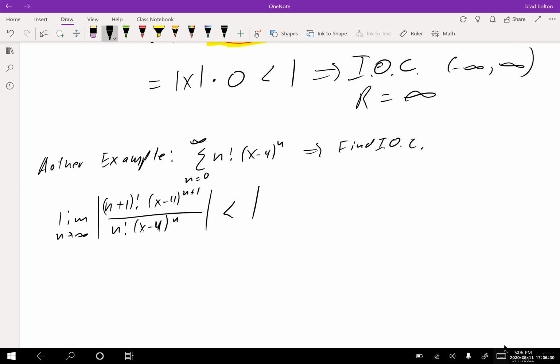But there's going to be some really nice cleanup in here, obviously. So you guys see this is going to cancel with this, and we'll be left with the 1. And then this n factorial is going to cancel that factorial. So we're going to be left with the limit as n approaches infinity of the absolute value of x minus 4 times, what is it, n plus 1, and less than 1. So we can clean this up a little bit.